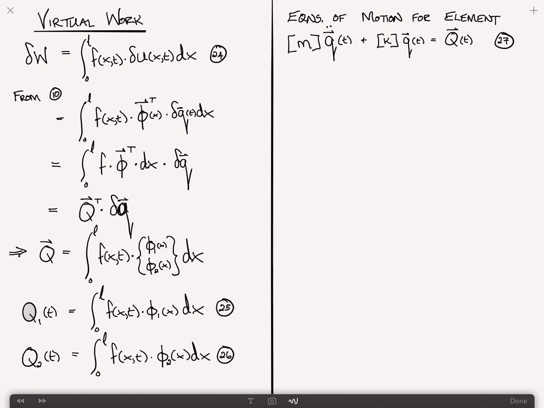We can now solve this ordinary differential equation using standard techniques, whereas the partial differential equation we had before, namely the wave equation, is very difficult to solve, especially when the geometries or the system gets more tricky. So we converted the partial differential equation, the PDE, to a system of ODEs, ordinary differential equations, shown in 27 above.